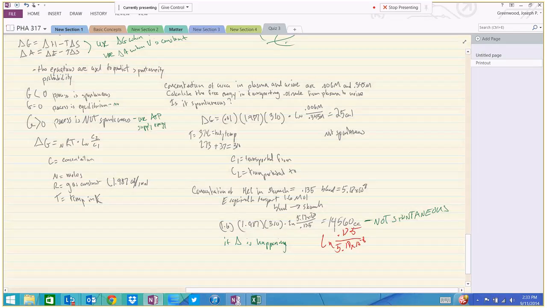So from the blood would be C1, and C2 is your stomach because that's where it's going to. Okay, yeah, so I flip-flop this. So this would probably be negative, so it probably would happen spontaneously. I don't have a calculator on me, so I can't do that as fast, but flipping that would probably flip the sign.